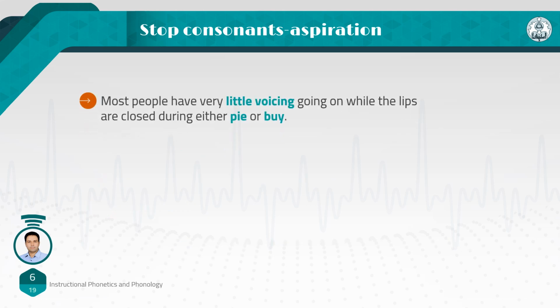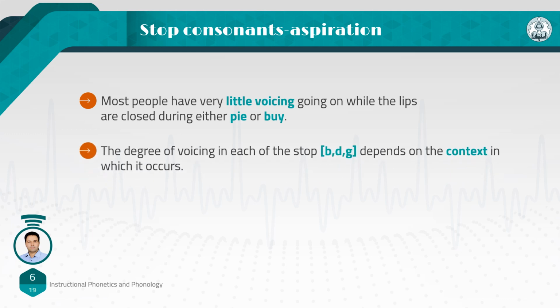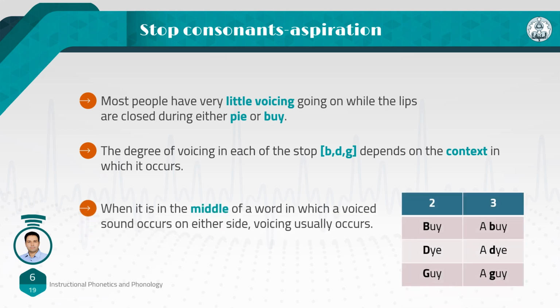Most people have very little voicing going on while the lips are closed during either pie or buy. The degree of voicing in each of the stops, like b, d, g, depends on the context in which it occurs. Remember that in phonetics and phonology, when we say context, we mean when a sound is used in a word. When it is in the middle of a word in which a voiced sound occurs on either side, voicing usually occurs.